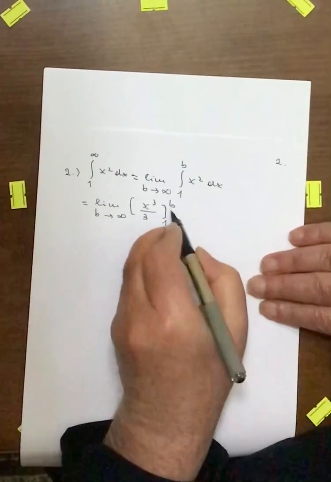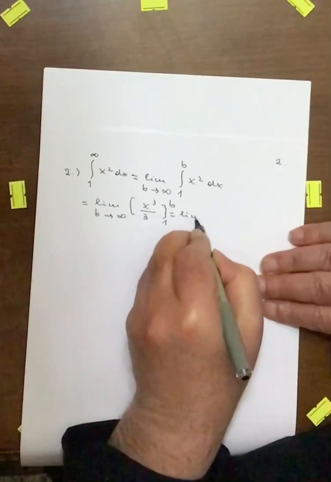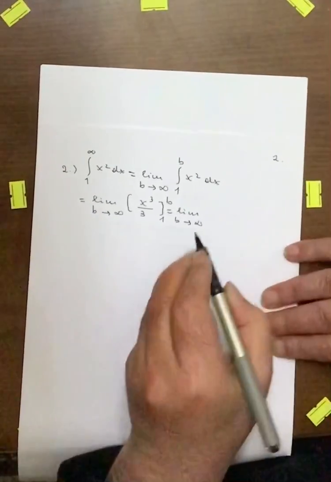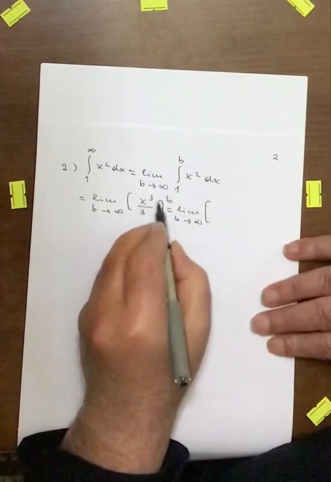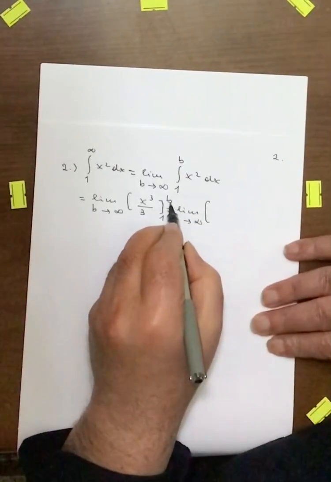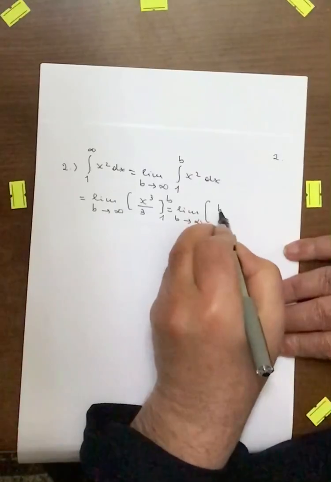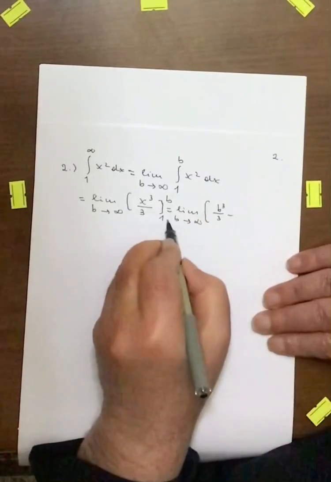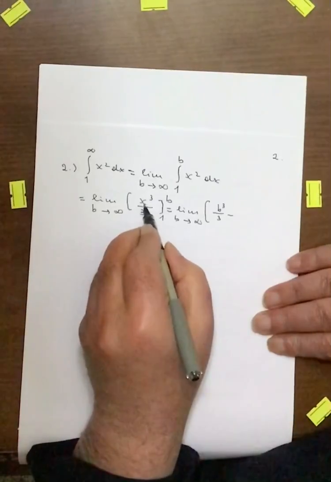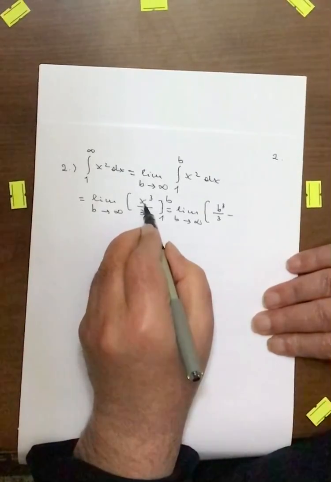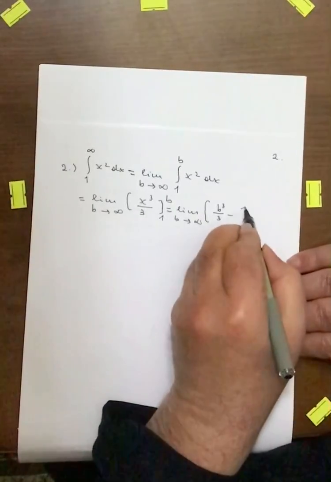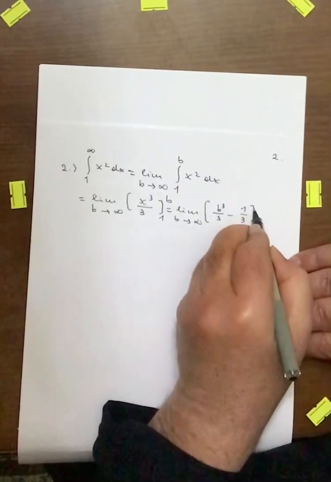Let's write the limit as b tends to infinity. Putting in the upper limit, we get b cube over 3 minus, putting in 1 for x cube, 1 over 3.